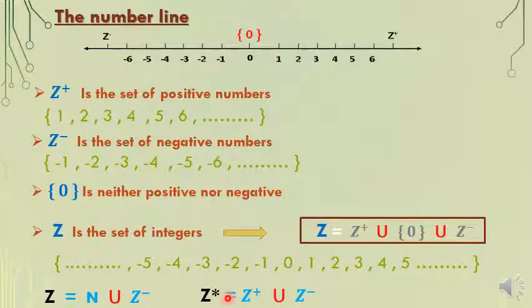What is this Z star? Z star equals Z positive union Z negative, or Z star equals Z difference set of 0. If I remove the set of 0 from this set, I will find Z star.